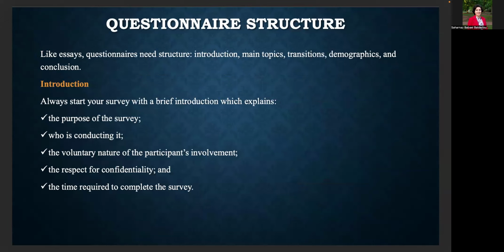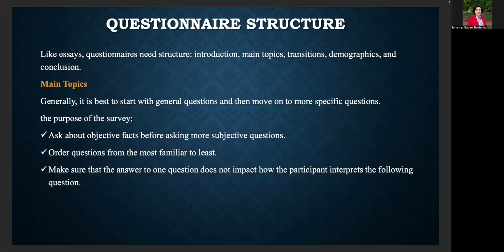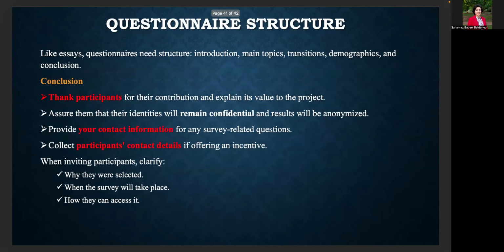Every survey needs a structured introduction. It should explain who is conducting the survey, the purpose, confidentiality, voluntary participation, and estimated time to complete. Start with general questions and move to more specific ones. Ask factual questions before subjective ones, and ensure the order doesn't influence how respondents interpret later questions.